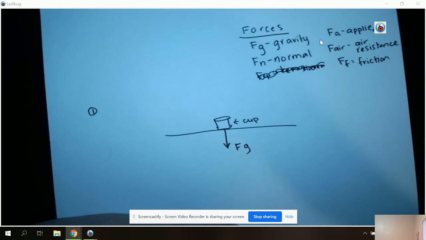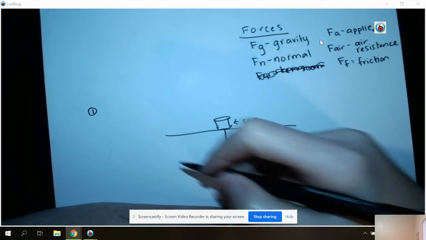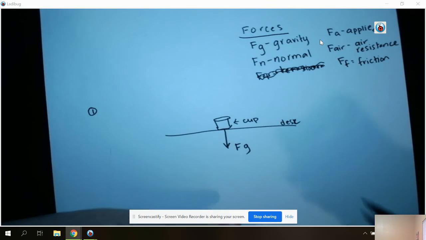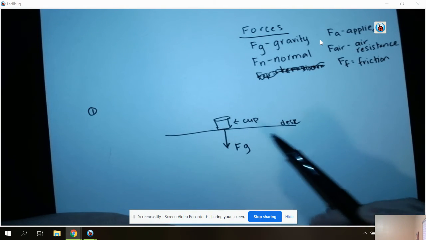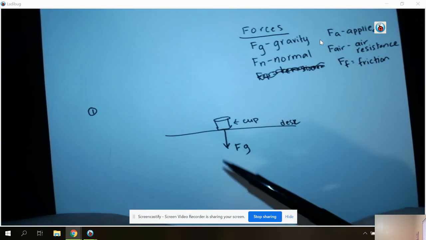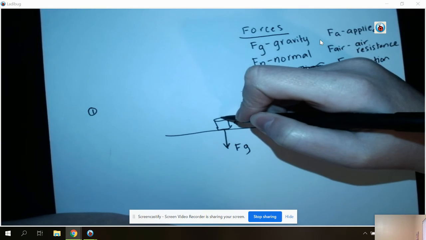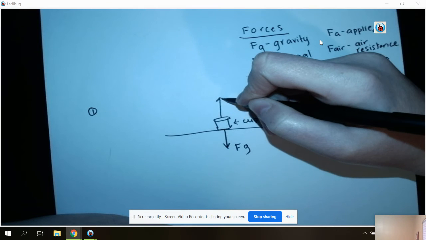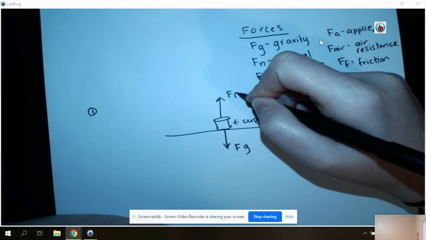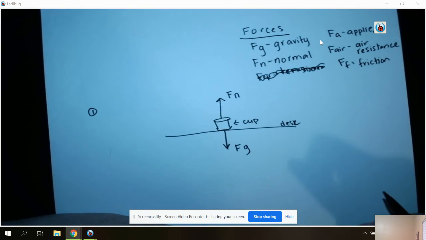Now, for each force, there has to be an opposite force, right? Our opposite force, if we are on a surface, so this is going to be my desk right here, the desk is supporting the cup. The desk is making sure that the cup does not fall to the ground. So the desk exerts a force on the cup as well, and that is called F of N, normal force.